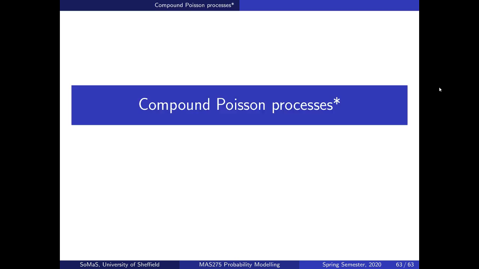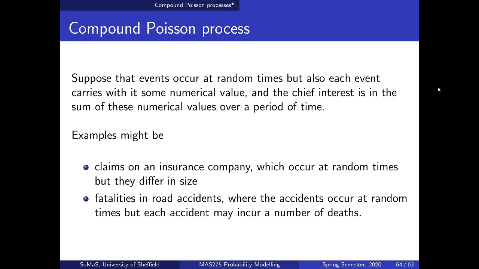So we're done with the course. We're just left with this thing, which is a bonus and won't be on the exam: compound Poisson process. So if you're curious, you can keep on listening. But now things are strictly optional. So let me talk you through this a little bit.